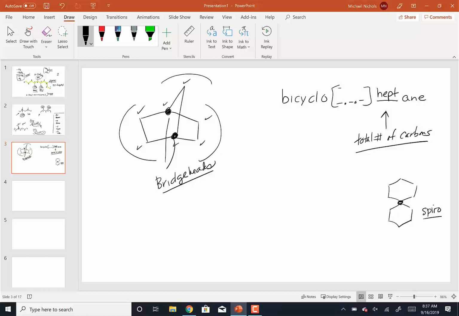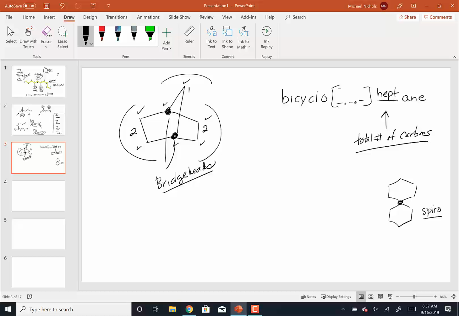And they create basically 3 propellers. And so the numbers that go in the brackets are the sizes of the propellers. In other words, over here I have 2 carbons, over here I have 2 carbons, and up here I have 1 carbon.